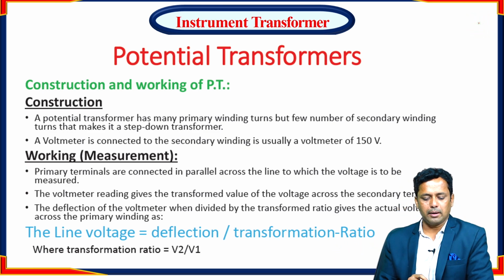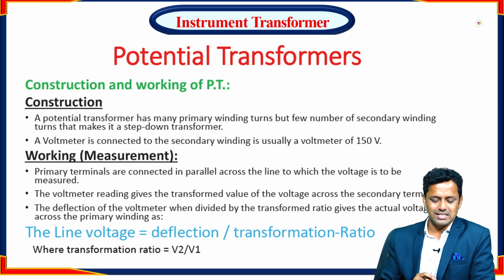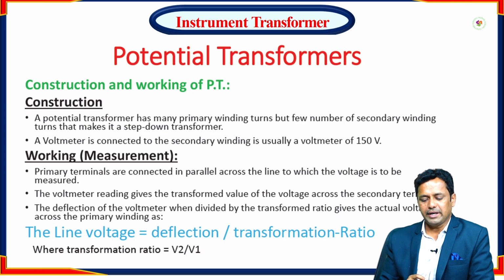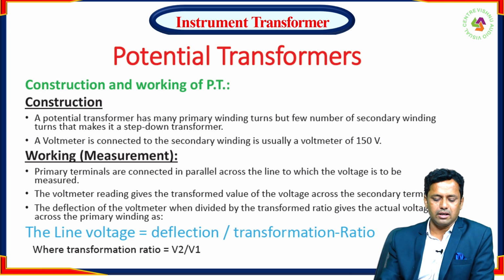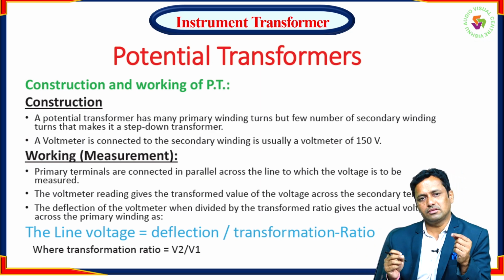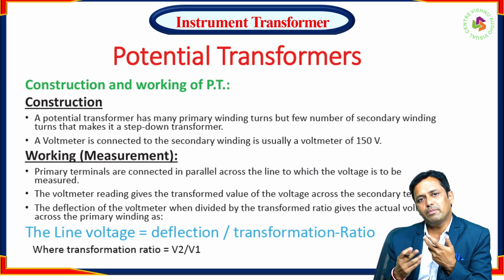The primary terminals are connected in parallel across the line whose voltage is to be measured. The voltmeter reading gives the transformed value of the voltage across the secondary terminals only. When voltage passes through the meter, the deflection starts.